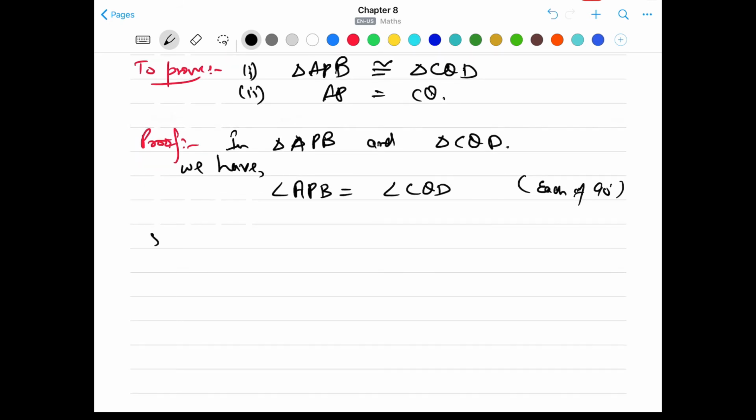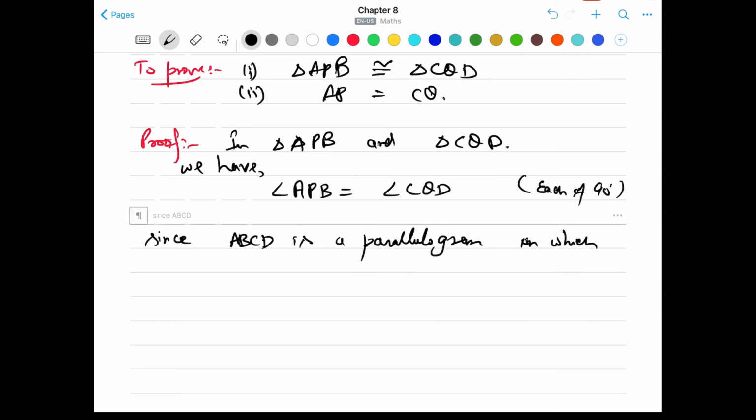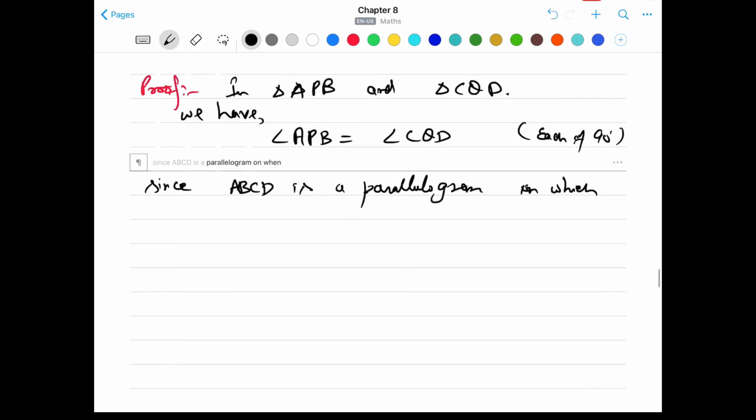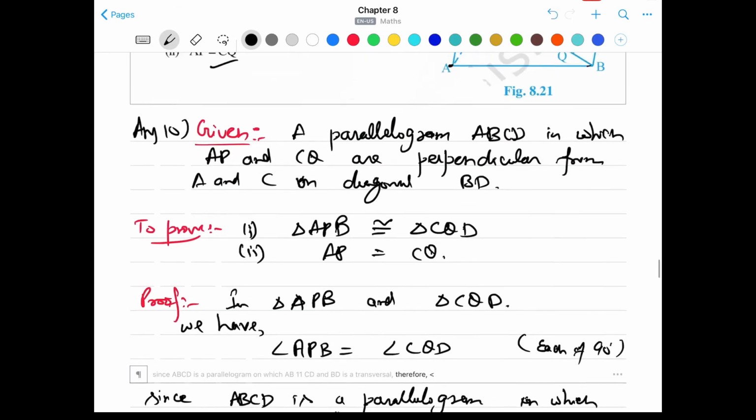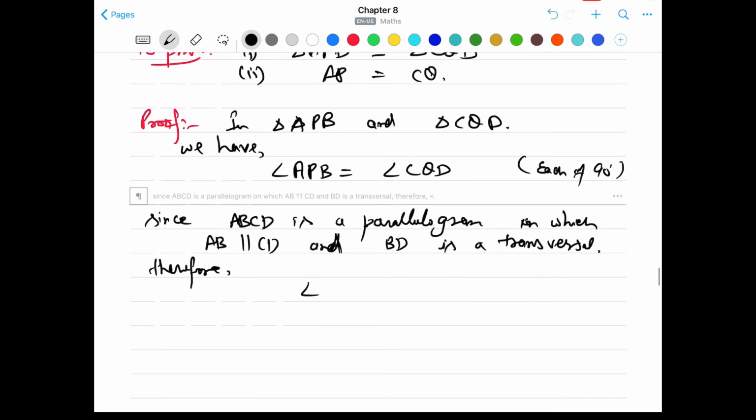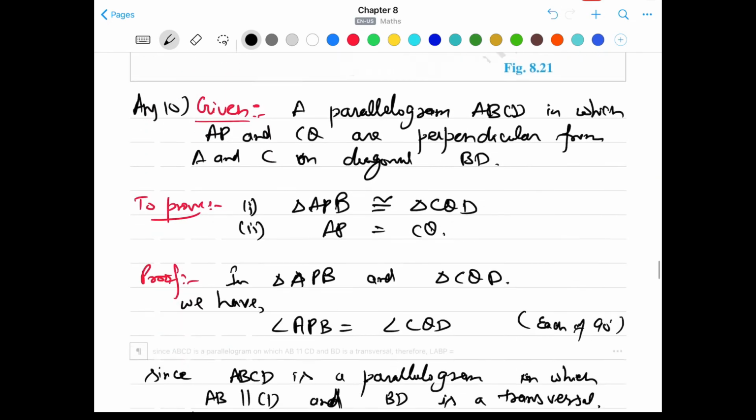Then we have, since ABCD is a parallelogram in which the opposite side AB is parallel to CD, and BD is a transversal, therefore angle ABP will be equal to angle CDQ.